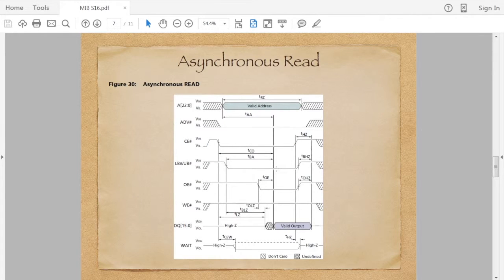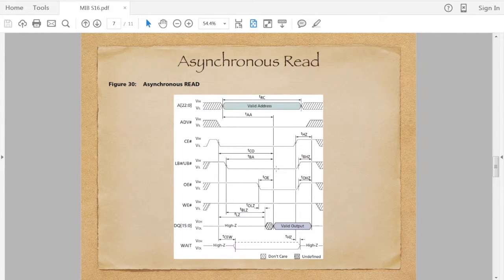Then we have the read, again with chip enable. We assert the OE signal this time. That's the read. The write enable is high. And then what happens is, at a given period of time after we assert the read line, we see the valid data showing up on the DQ.